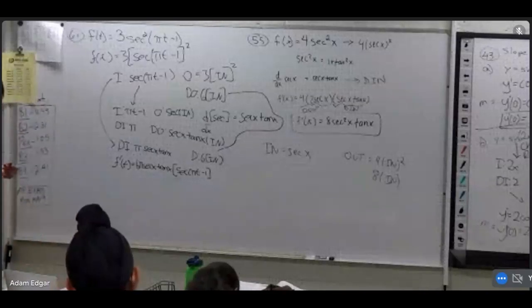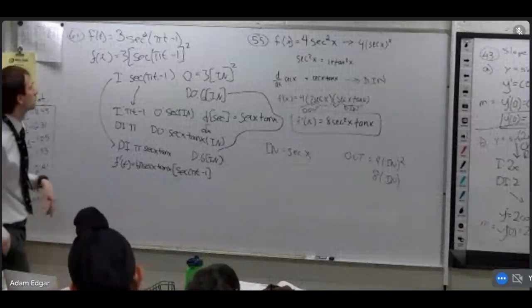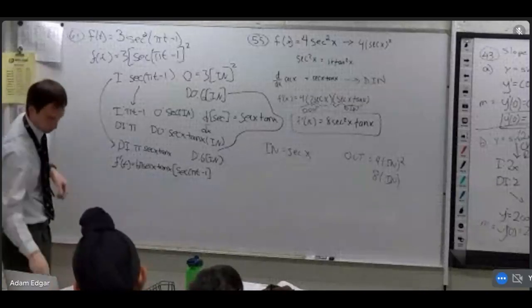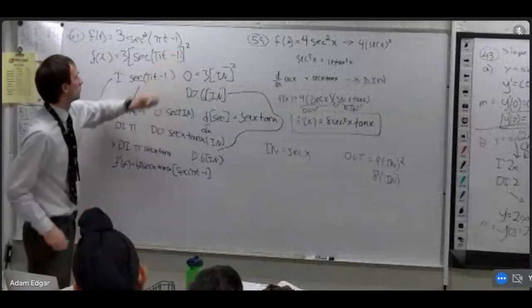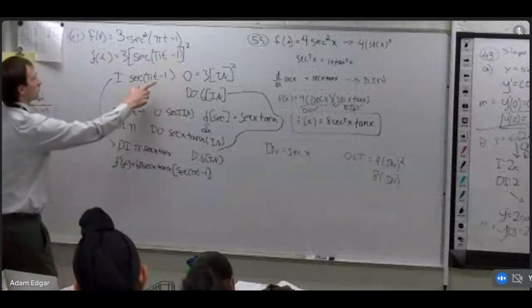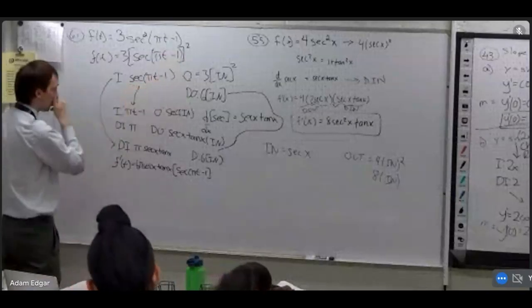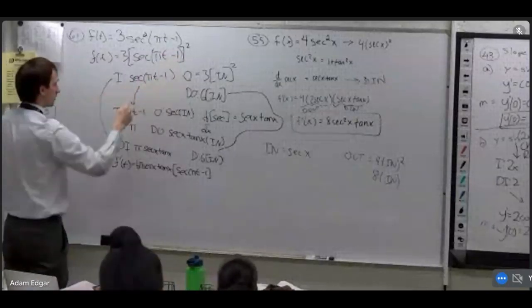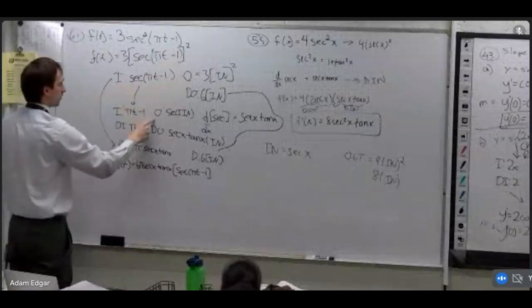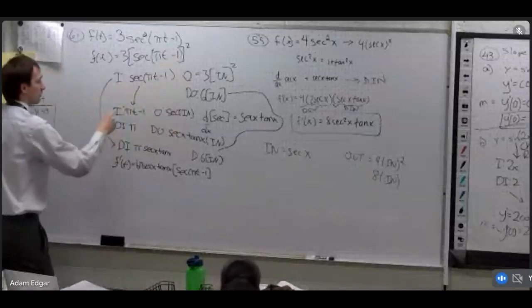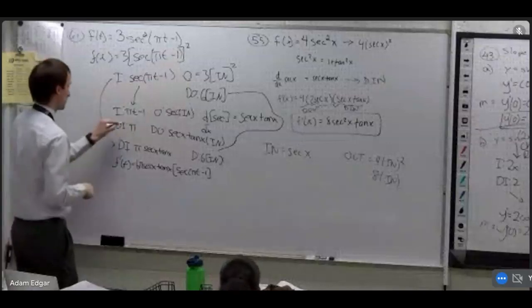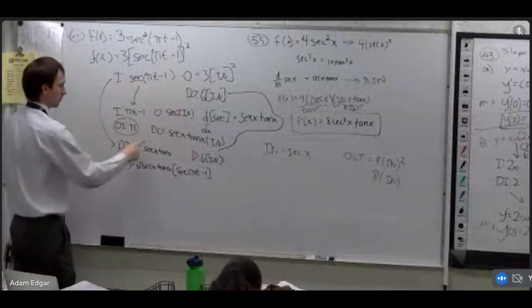And so on the inside, you have to do the chain rule. After that, the inside is pi t minus 1. The outside is secant. And the derivative of the inside is just pi. And the derivative of the outside is secant x tangent x.